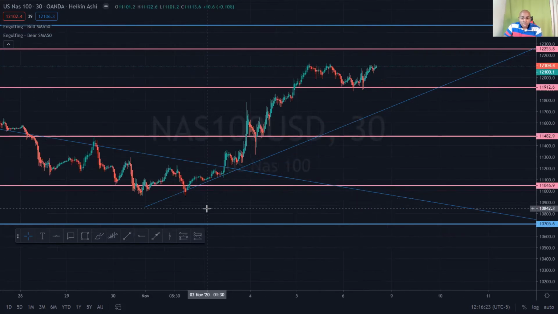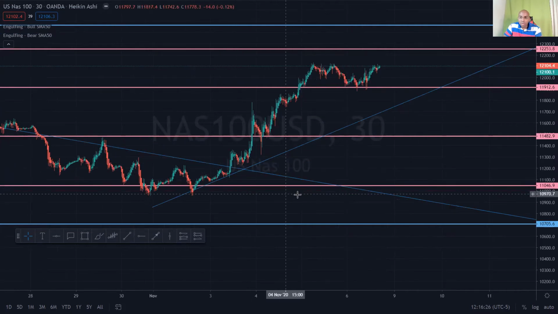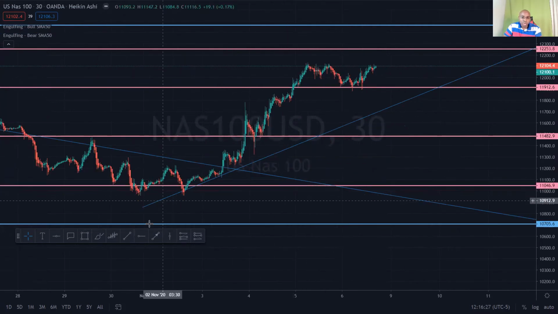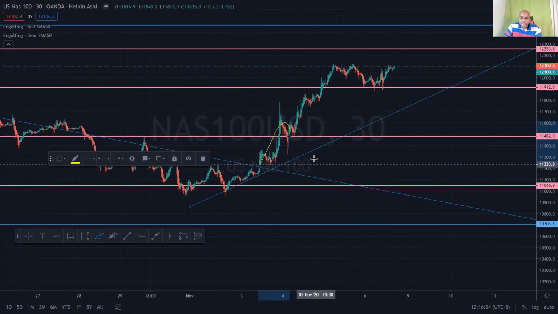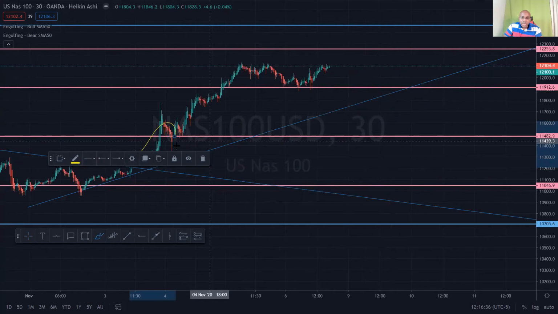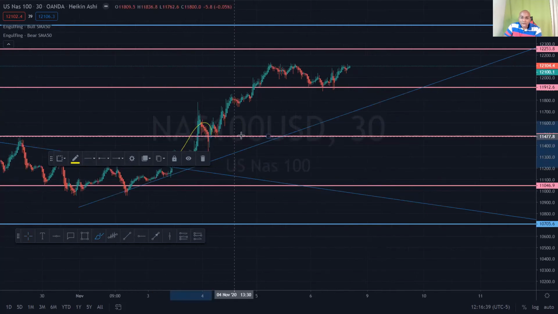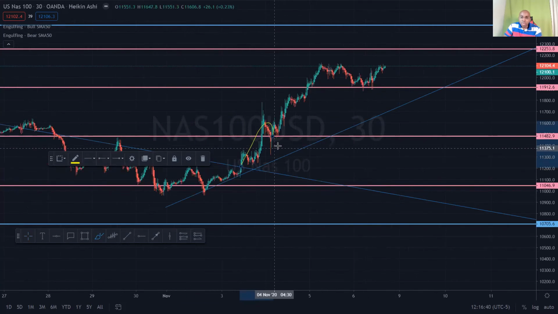When it broke the downward trend line, what happened? It shifted, retested and created a higher low. When it created a higher low, it rested on this minor resistance, which now becomes minor support. Right?